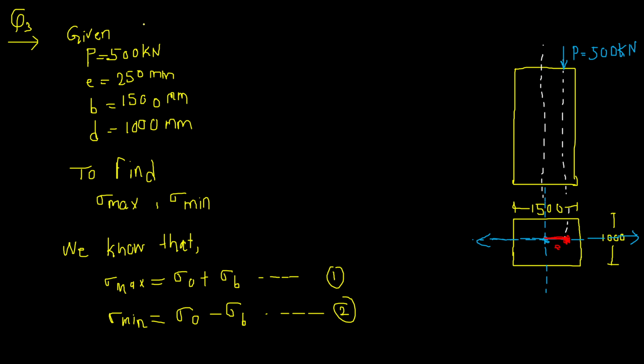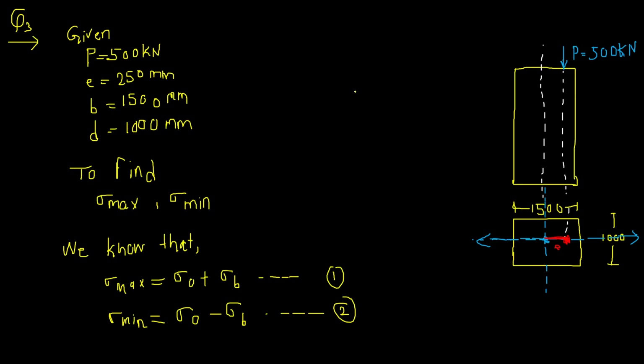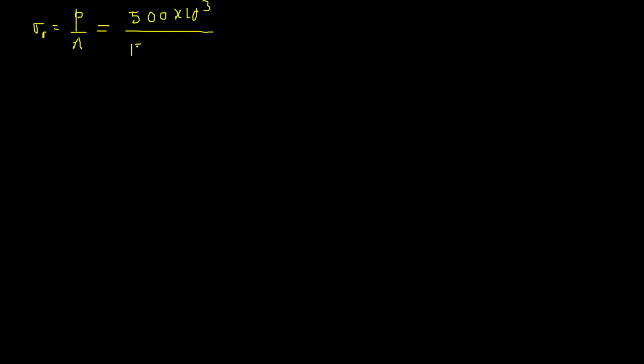Sigma naught is equal to force divided by area. Force is 500 kilonewton, so 500 into 10 to the power 3, divided by area, which is B into D, 1500 into 1000 mm. If we calculate this, it should come to 0.33 Newton per mm square.